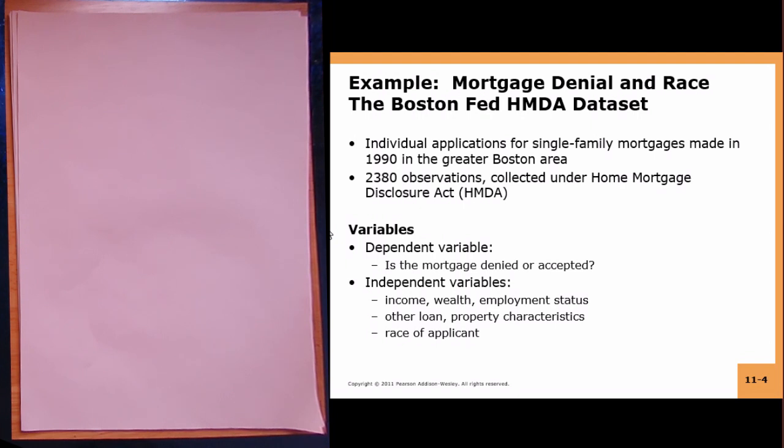Many times when you are looking at an individual, whether they do one thing or not, whether they save for retirement or not, whether they smoke or not, whether they get married or not, whether they commit a crime and are incarcerated or not, when you are trying to look at differences between individuals, the dependent variable or outcome variable is binary, and that is when you use this kind of methodology.